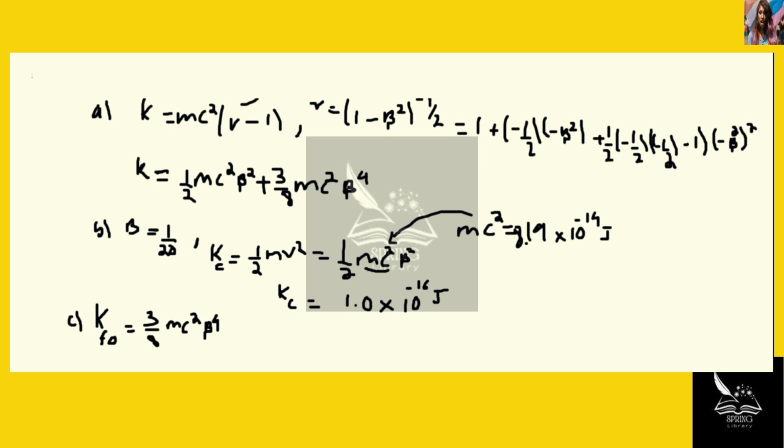So mc square, we already have a value, which is 8.19. We can substitute this value here and then multiply with the beta, which is already 1/20. So once we substitute these values and do the maths, the answer we get for first order kinetic energy is 1.9 times 10 to the power minus 19 joules.